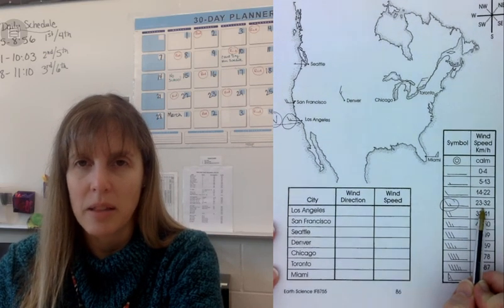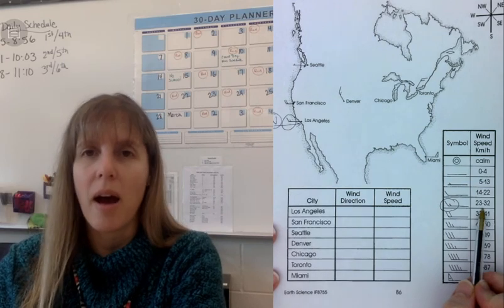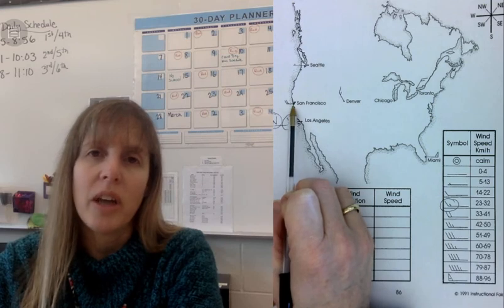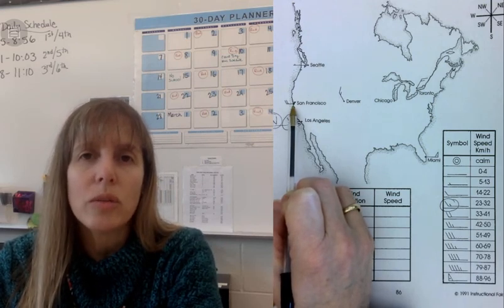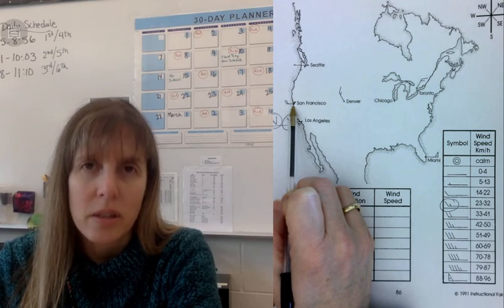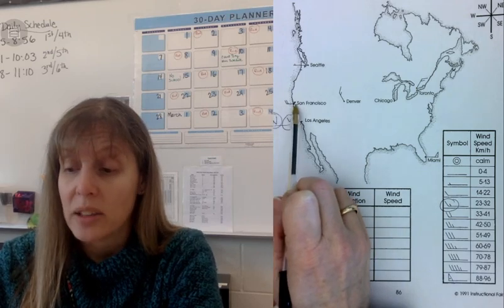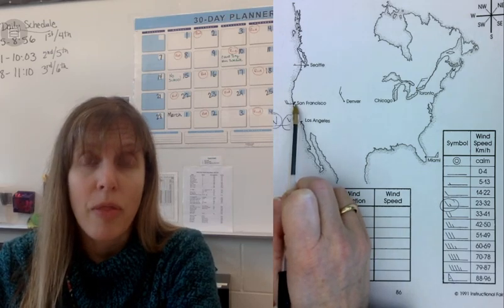Does that make sense? So let's look at San Francisco, and I'm gonna pause the video and I'm gonna ask you, what is the wind direction for San Francisco? Raise your hand if you think you know. It is a west wind. It is coming from the west.